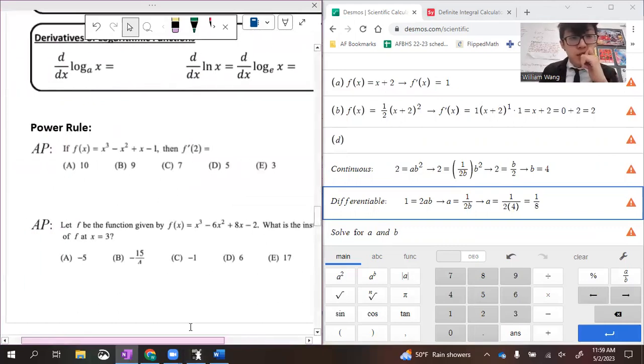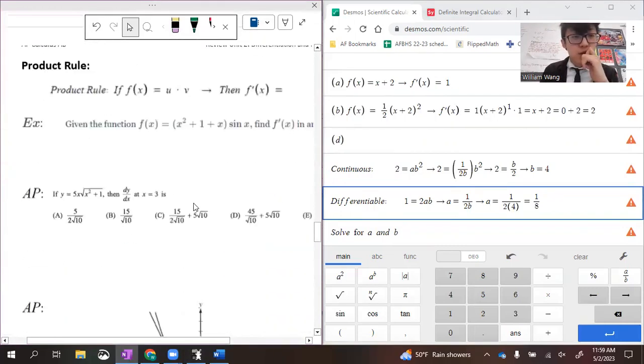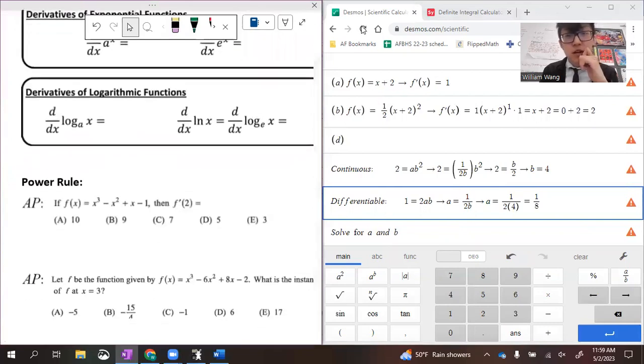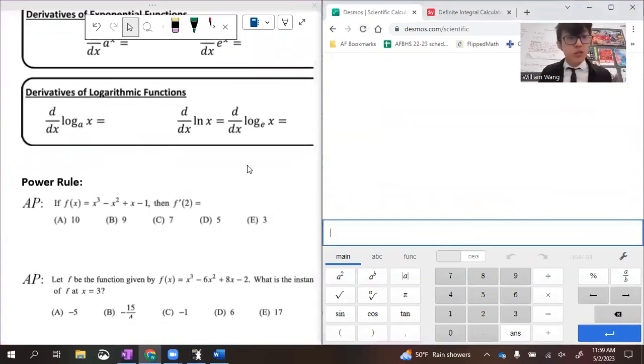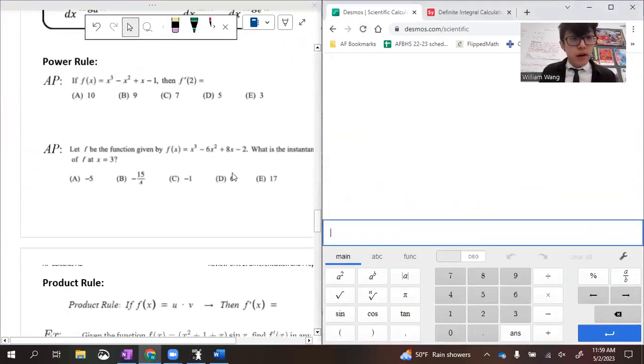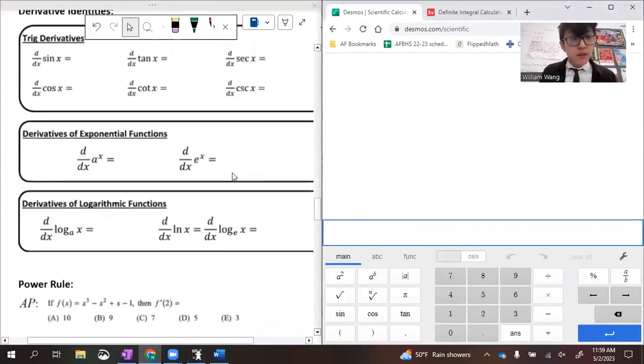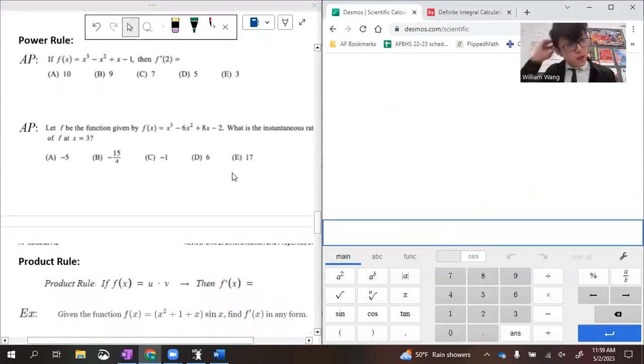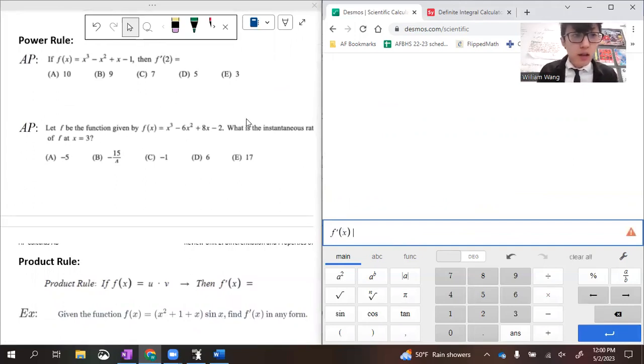Okay, next section here, we start studying some derivative identities and starting our derivative rules with the easiest one, which is power rule. All right, let's think about that. Power rule. This one is easy, so I'm just going to do a quick f prime of x is equal to 3x squared minus 2x plus 1.